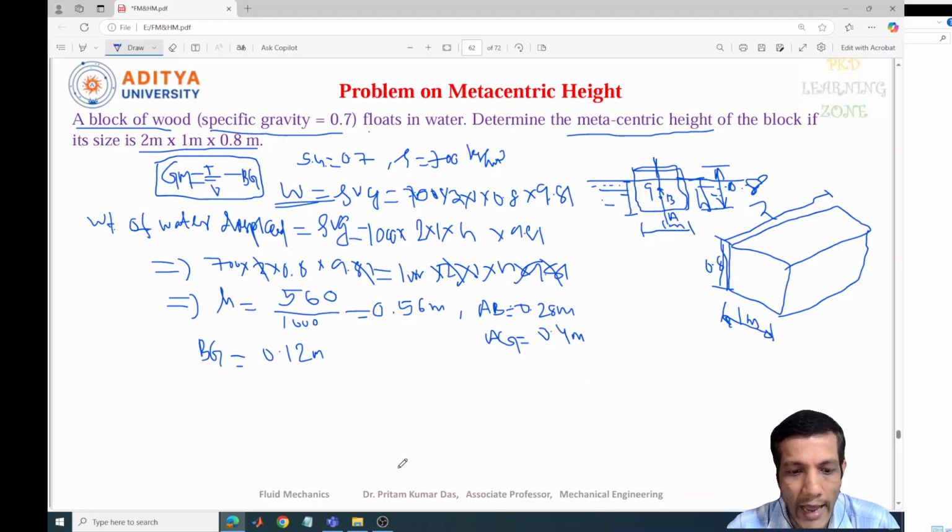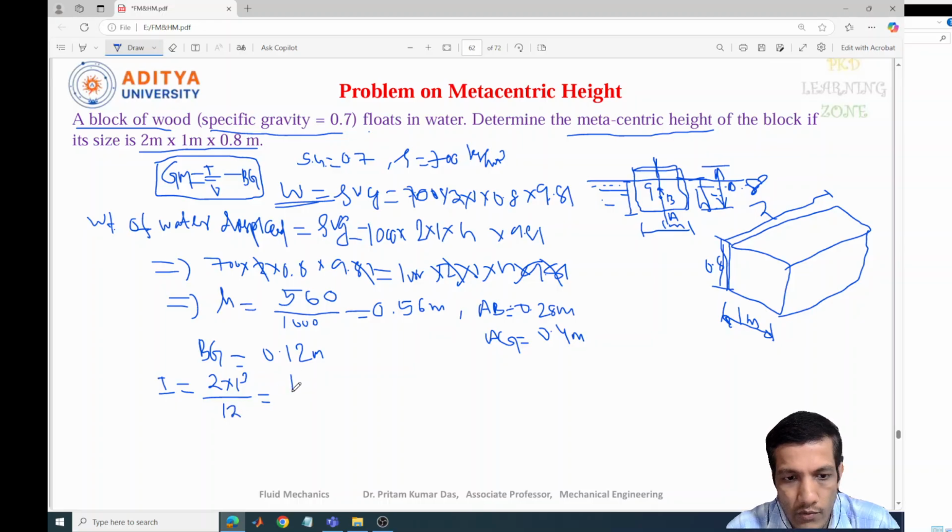So we got BG here, V I got. Now next is the I value. I is nothing but the moment of inertia, we know that. So I equal to BD cube by 12. So here with respect to this one we need to consider, so that one we can write 2 into 1 cube divided by 12.